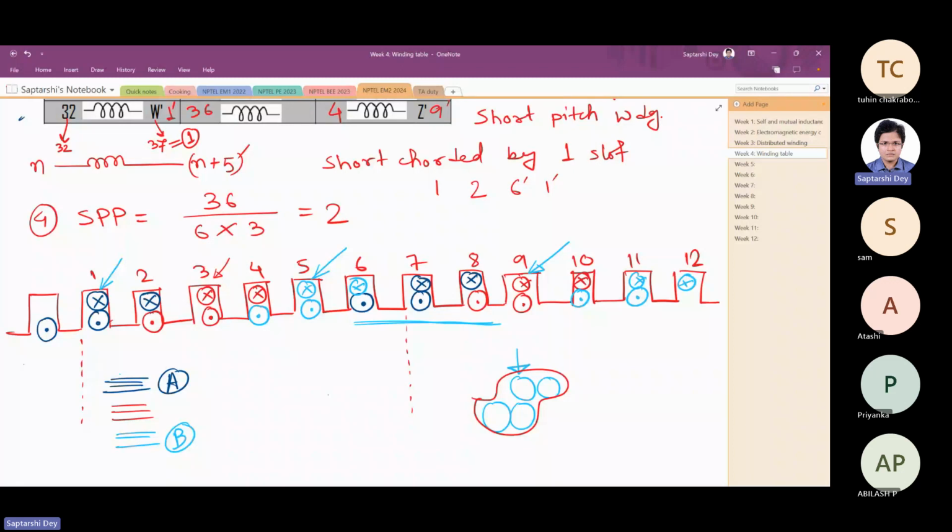Just keep the pattern same and keep repeating it. If you do it twice, you get a 12 pole machine, but the winding properties remain the same, because all the calculations we do are per pole.